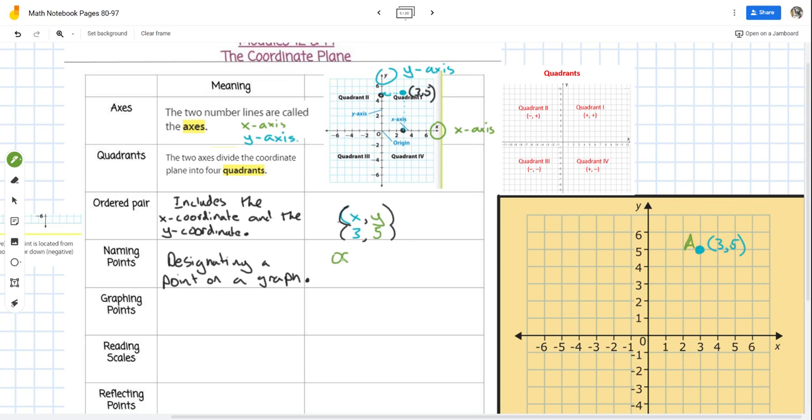So often points on a graph are named with capital letters. It doesn't always have to be capital, but they are often named with capital letters.